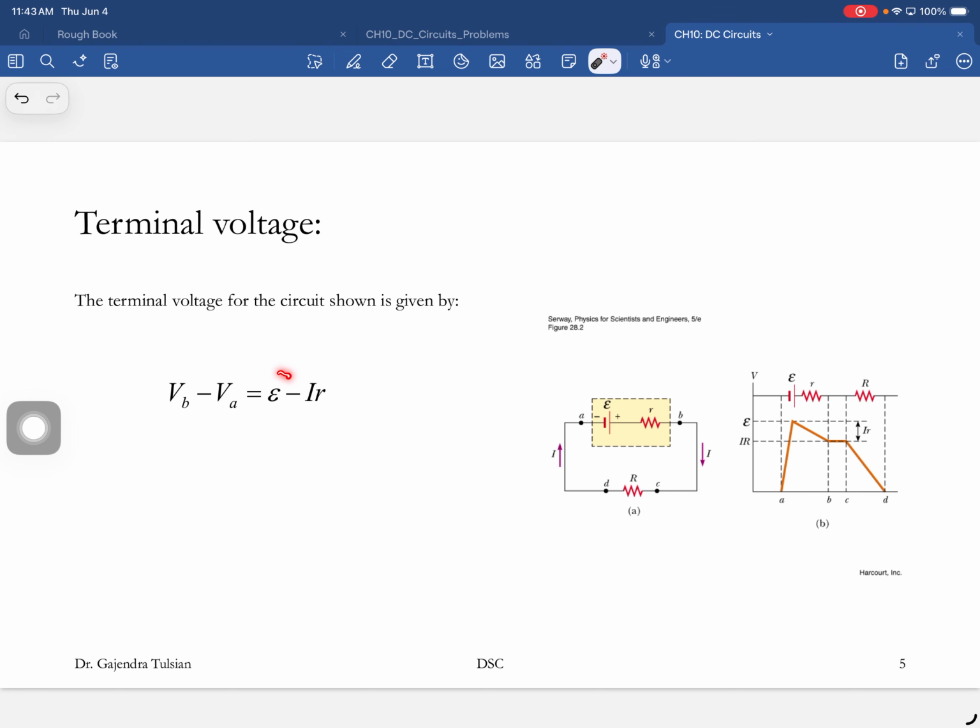So when they sell you a 1.5 volt battery, you're not seeing 1.5 volts. You're seeing 1.5 volts minus some little thing. So if the internal resistance is equal to the load, instead of 1.5 volts, you're seeing 0.75 volts. So that's what you're seeing.